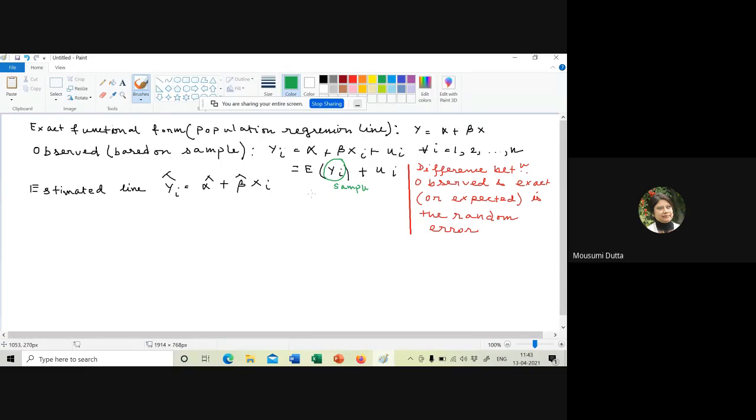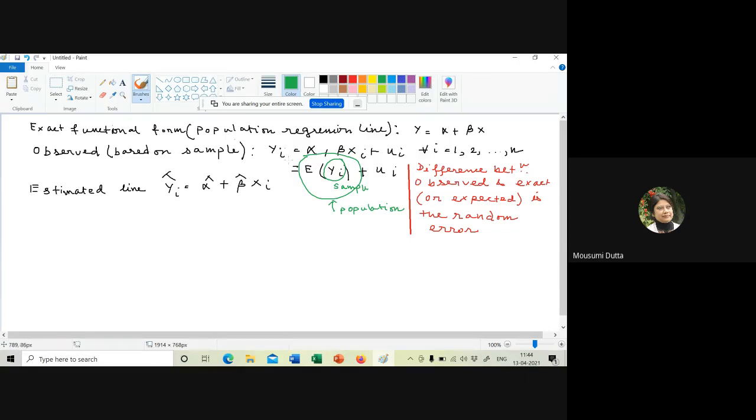And if you consider this entire thing, this means you are considering the population counterpart. Okay, so expected value of the sample counterpart is equal to the population counterpart. Okay, so yi is equal to the population counterpart, which we have in our mind, which we learned from our theory, plus the error component.